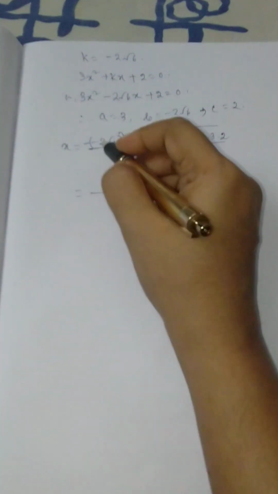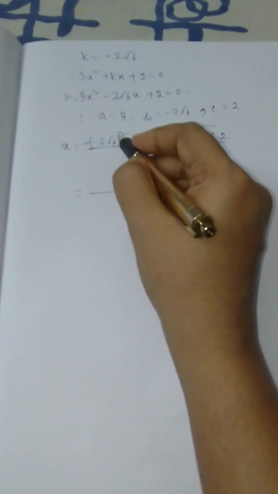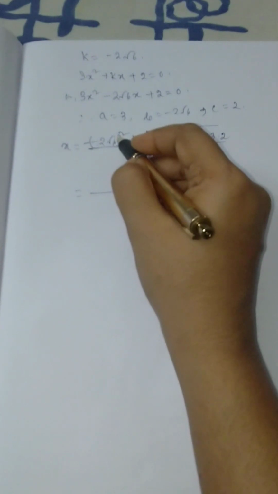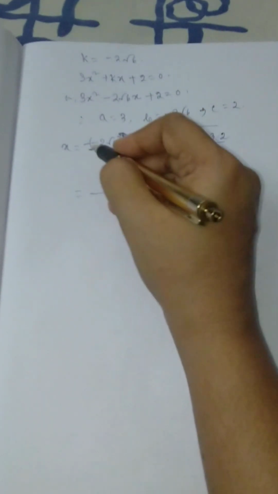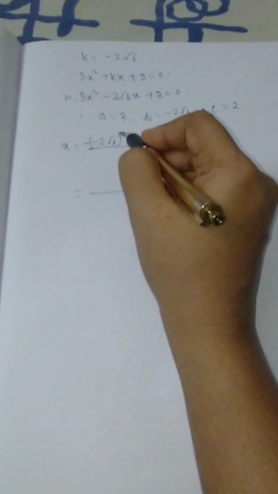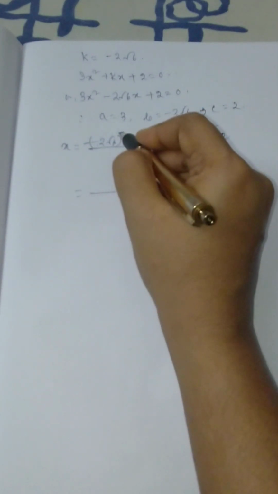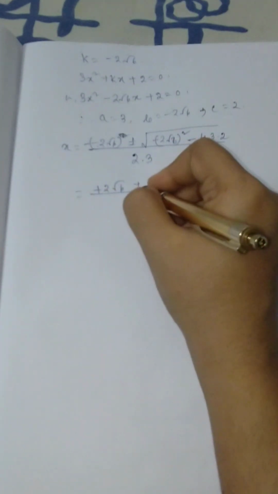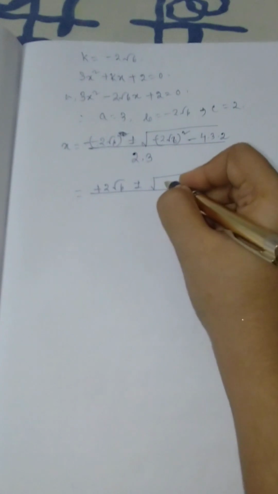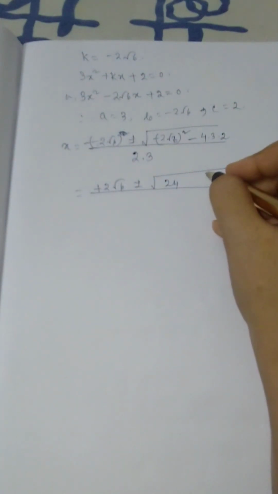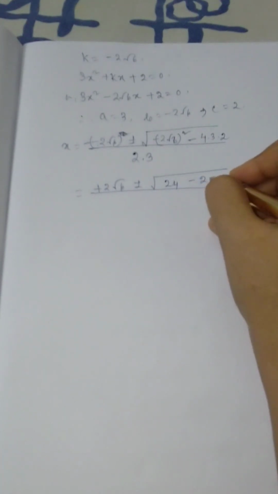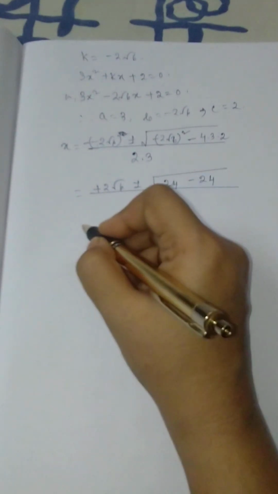Okay. Now minus b, that is minus of minus 2 root 6. So it will be 2 root 6 plus minus the square root of minus 2 root 6 square minus 24, that will be 24 as in the earlier case, over 6.